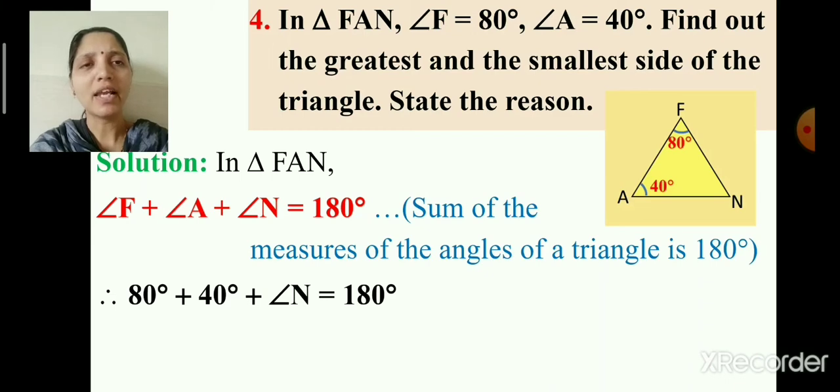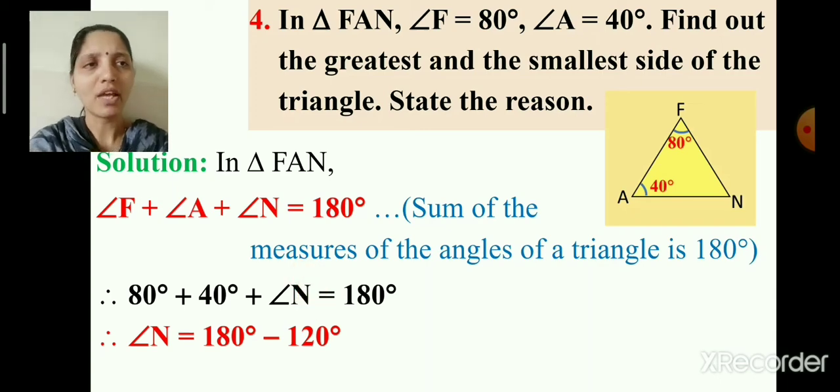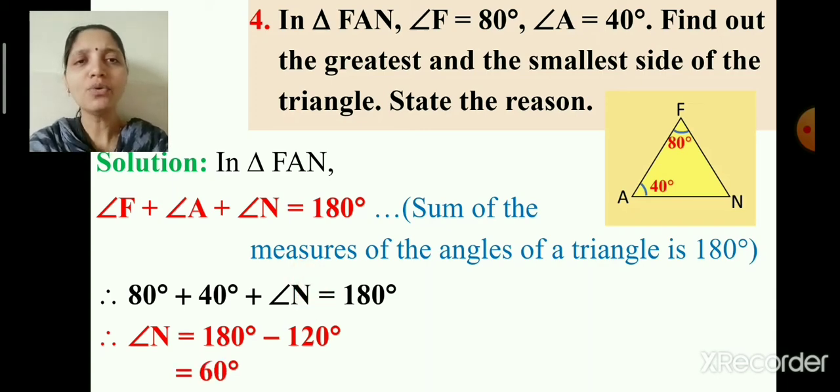That plus angle N is equal to 180 degrees. Therefore, angle N is equal to 180 degrees minus 80 plus 40 is 120 degrees. Therefore, angle N is equal to 60 degrees. Hence we got the third angle also, which is 60 degrees.